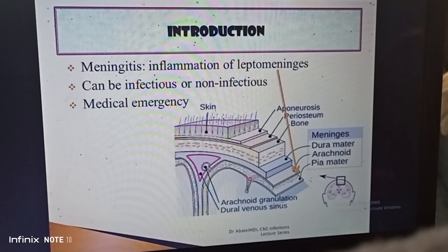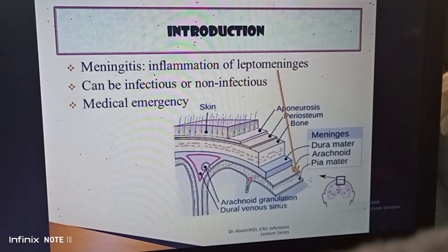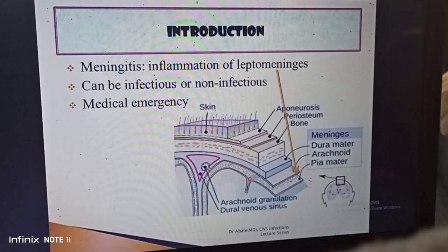So with this, let's go to the introduction part. Meningitis, by definition, is inflammation of the leptomeninges. Leptomeninges, you can see from this figure. These are the layers of the meninges. As you see from this picture, the bottom three are the layers of the meninges.